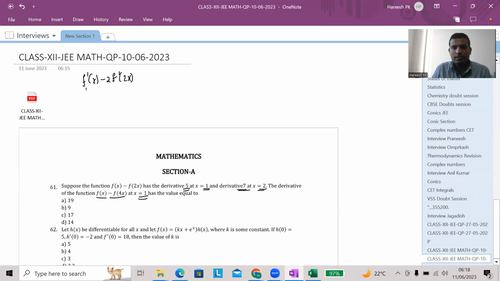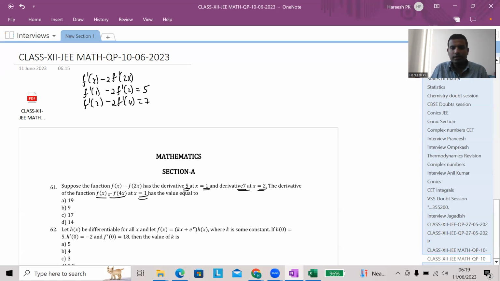So when I substitute x equal to 1, I'll get f dash 1 minus 2 times f dash 2, and that is given as 5. Then substitute x equal to 2. Then you'll end up getting f dash 2 minus 2 times f dash 4 is equal to 7.